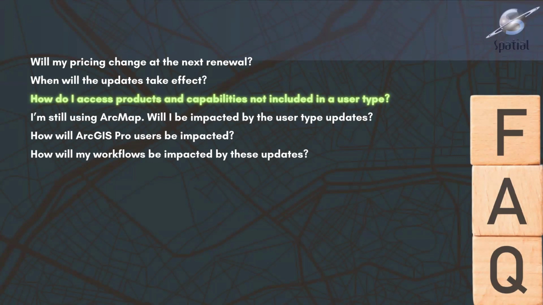Pro will be sold primarily through the user types, and Enterprise will continue to be sold on a combination of cores and users. Server and organization-wide licensing will continue to be sold separately. And for some specific apps and extensions exclusive to Enterprise, these will be available as add-ons for purchase.